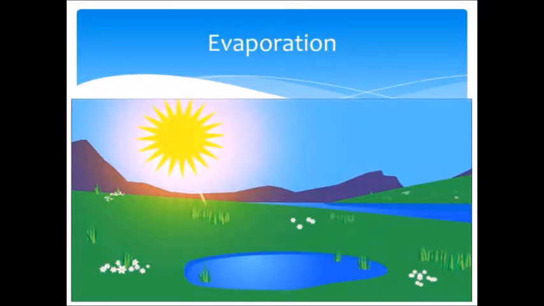This happens when the sun shines heat onto the water and turns it into an invisible gas called water vapour. This process is called evaporation, when the water vapour rises up into the sky. In other words, water leaves the Earth's surface and enters the atmosphere as a gas.